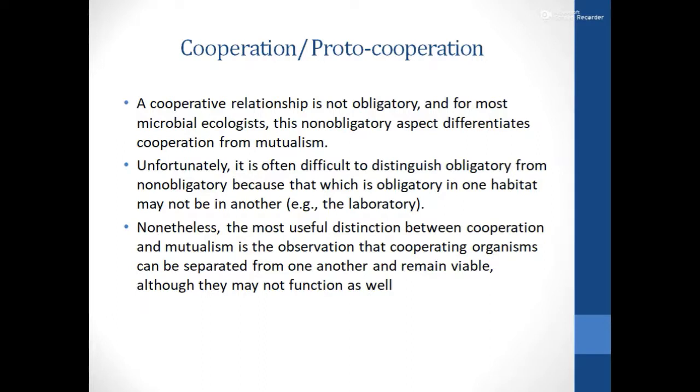So in organisms involved in a proto-cooperation or cooperative association, even after they have been separated from one another, they will remain viable, though not necessarily always functional. But in a mutualistic or symbiotic relationship, once they are separated, they will not be viable and they will not be functional either. So that is the case of proto-cooperation or cooperation.